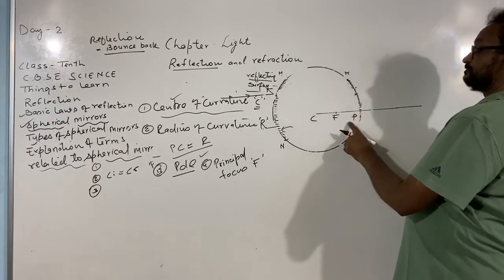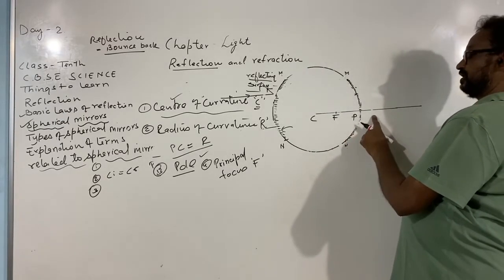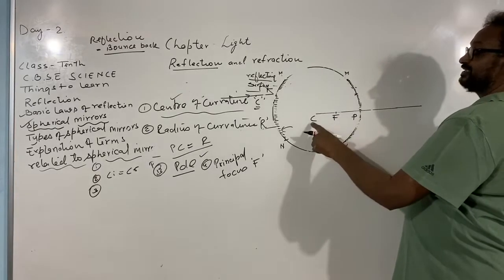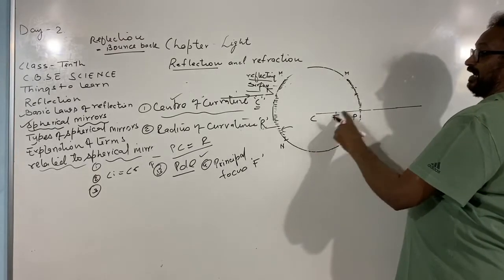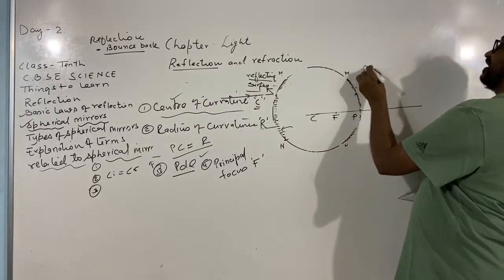A straight line that joins the pole and the center of curvature and is extended on either side is called the principal axis.